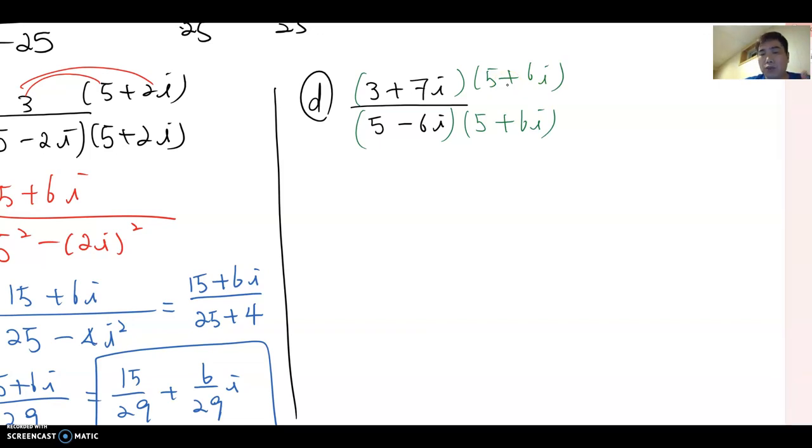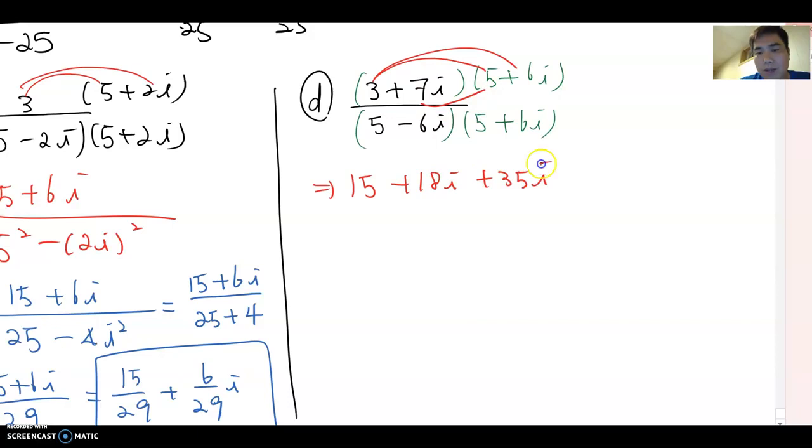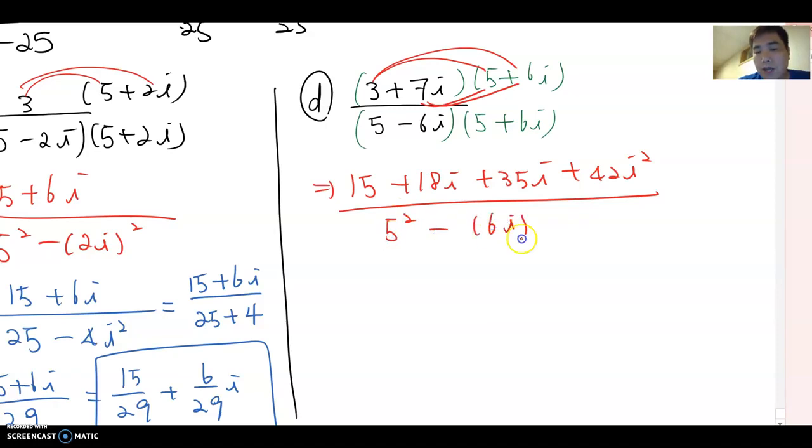Now, both numerator and denominator require the FOIL method to expand the expression. Let's do so. Then the numerator becomes 15 plus 18i plus 35i plus 42i squared, over the denominator, where in the conjugate case it is the first factor squared minus the second factor squared, so 5 squared minus 6i squared.